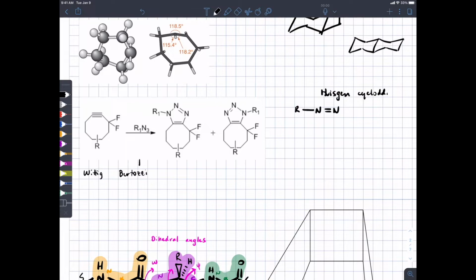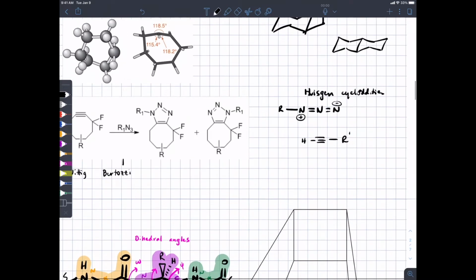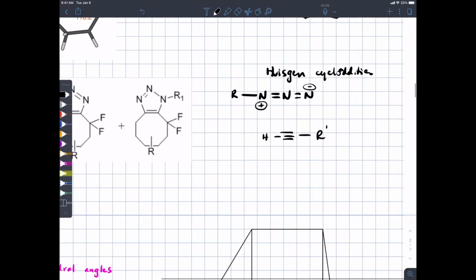And this was a reaction where you took an azide and an alkyne, and I think if you cooked them and let them sort of stare at each other, the reaction really wasn't that efficient, but you could eventually maybe get the following heterocycle, which is called a triazole.